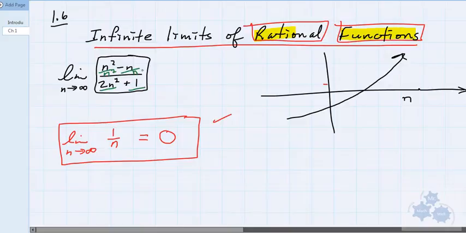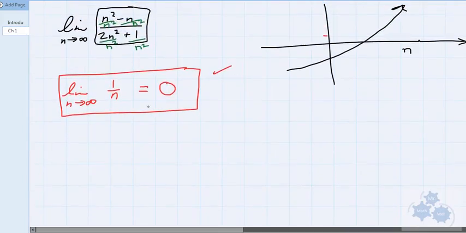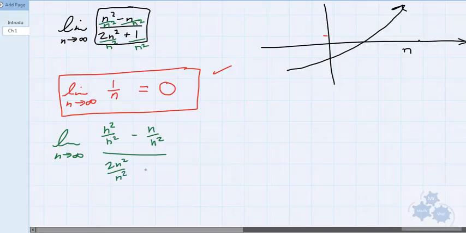And so if you divide every single term, in this case by n squared, okay, we aren't changing what this function really is, right? We're just changing how it looks. And so if I rewrite that down here, it looks like this. The limit as n approaches infinity of n squared over n squared minus n over n squared, divided by 2n squared over n squared plus 1 over n squared.